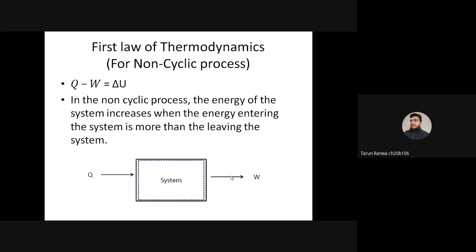Now for a non-cyclic process, simply we can write Q minus W equals delta U. In a non-cyclic process, the energy of the system increases when the energy entering the system is more than the energy leaving the system. So Q is more than W, and in this condition the internal energy will change.